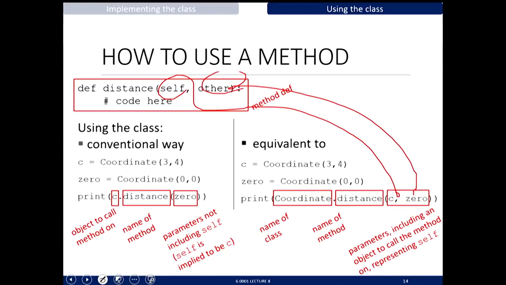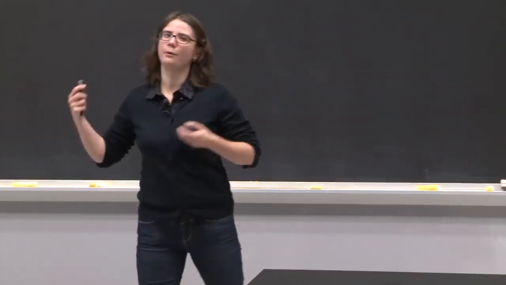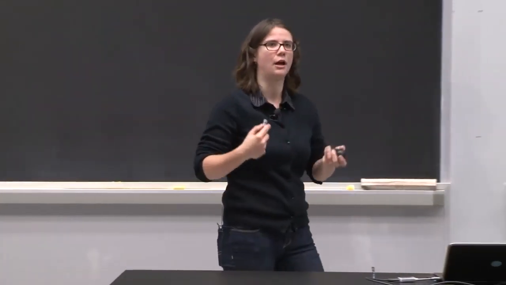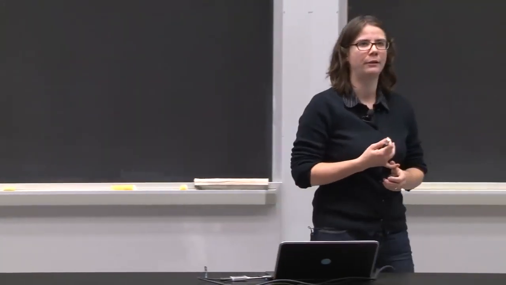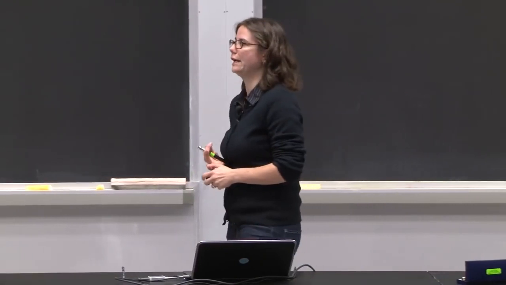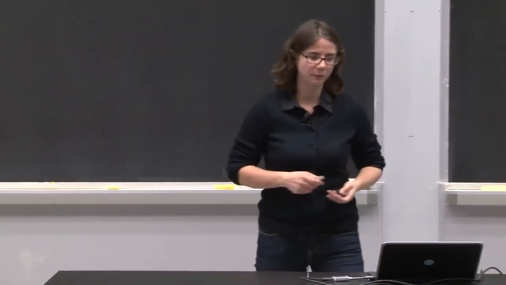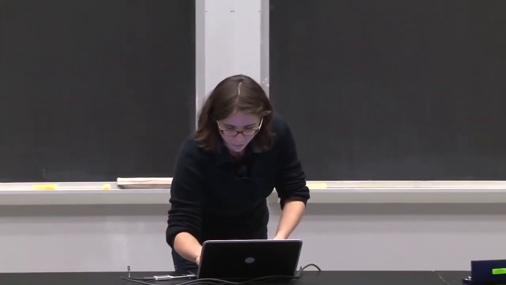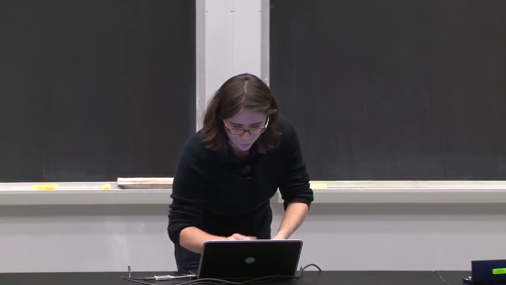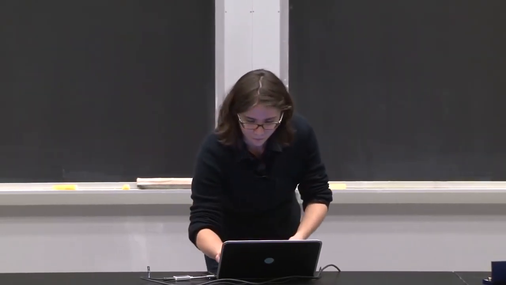But it's a little cumbersome, because you always have to write coordinate dot, coordinate dot, coordinate dot for every data attribute you might want to access, for every procedural attribute you might want to access. So by convention, it's a lot easier to do the one on the left.